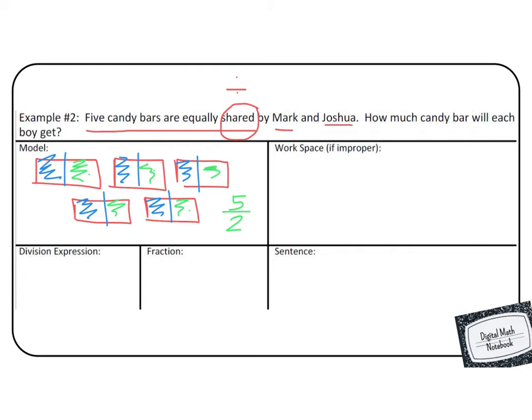Now, we aren't cutting up Mark and Joshua and sharing them with candy bars. We're cutting up candy bars. So our candy bar is our dividend. And our dividend comes first in our math expression. So this math expression is going to be 5 divided by 2.